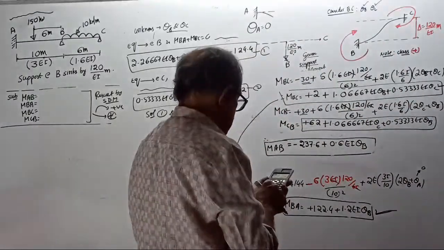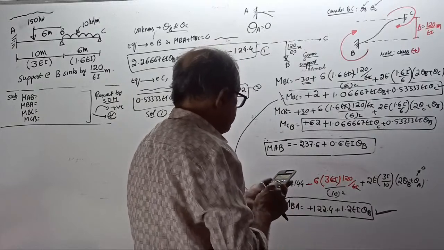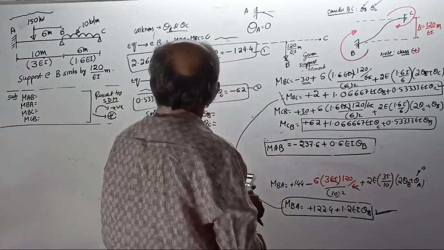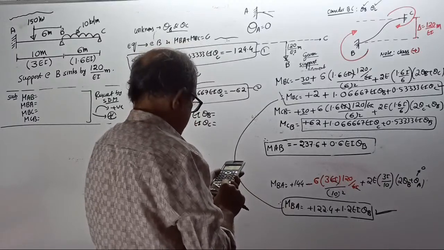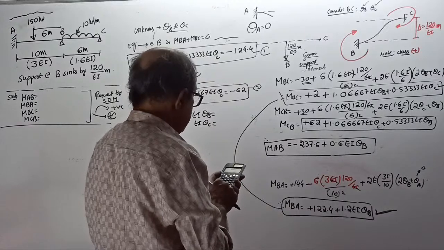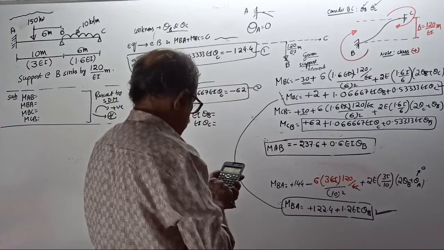You are not giving answer. Simultaneous equation. Number of unknown is 2. 2.66667, then 0.53333, minus 124.4.